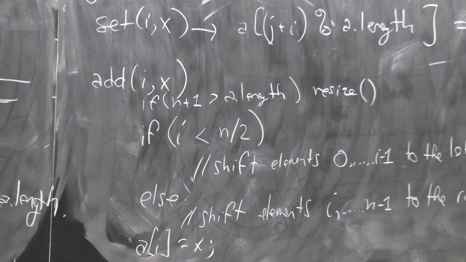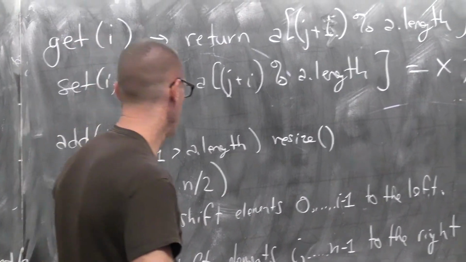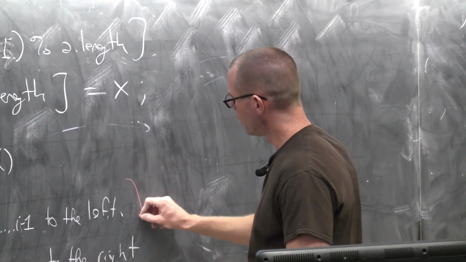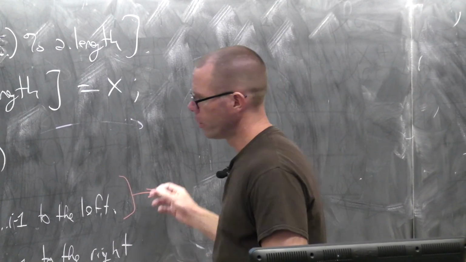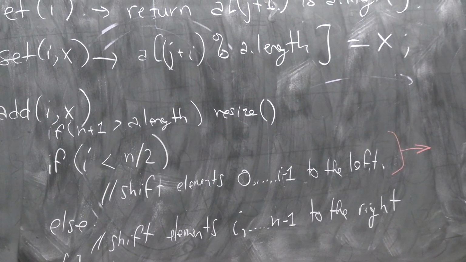So let's see how fast this is going to be. If I execute this line of code, or this, it's not a line of code, it's just pseudocode that tells you what you have to do.